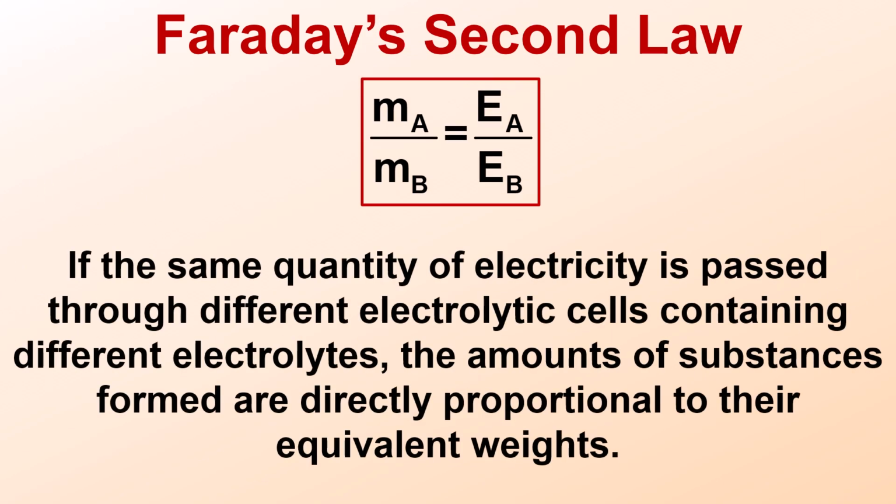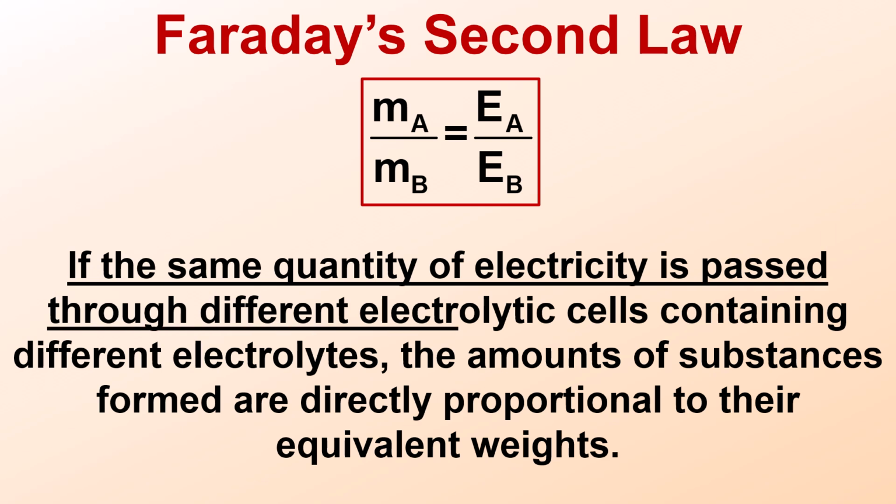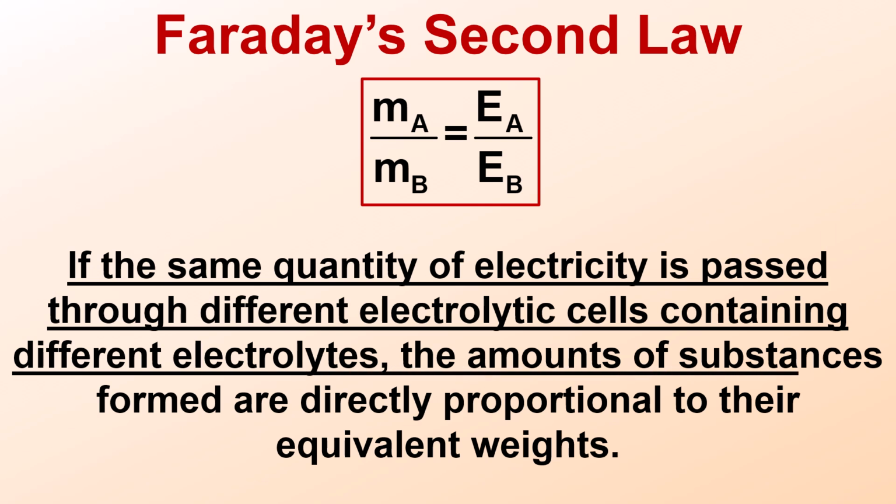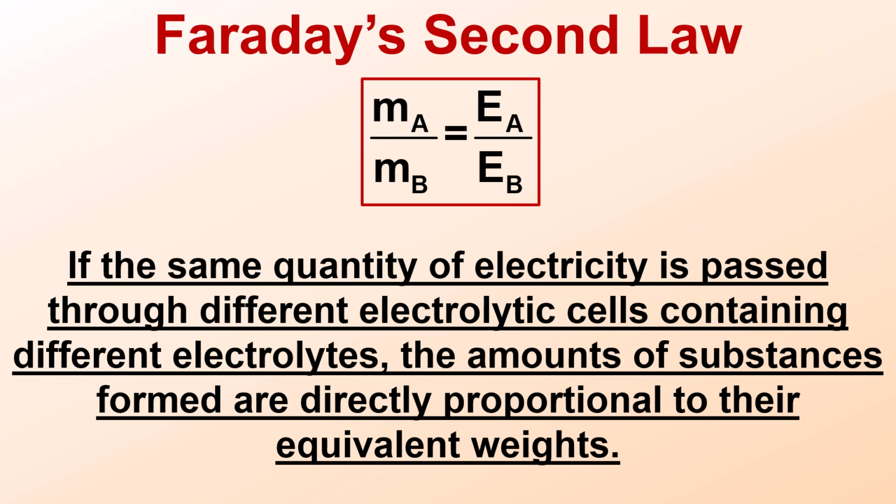Thus, according to Faraday's second law of electrolysis, if the same quantity of electricity is passed through different electrolytic cells containing different electrolytes, the amounts of substances formed are directly proportional to their equivalent weights.